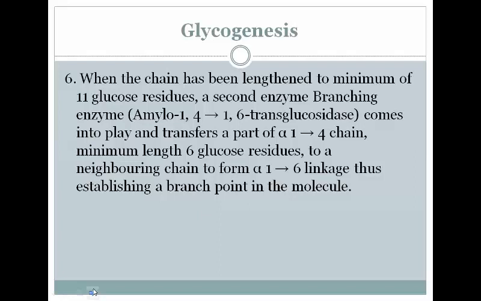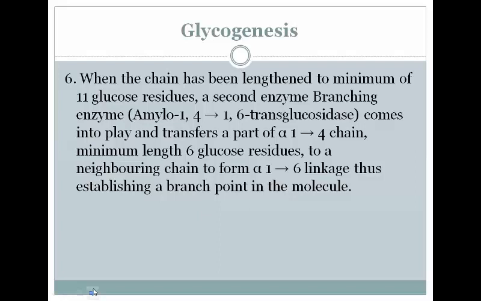The enzyme amylo-1,4 to amylo-1,6 transglucosidase, that is the branching enzyme, transfers a chain of glucose containing 1,4 glycosidic linkage, and the chain contains a minimum length of 6 glucose moieties, to the neighboring chain or the same chain to form 1,6 linkage, thus forming the branch point in the molecule.